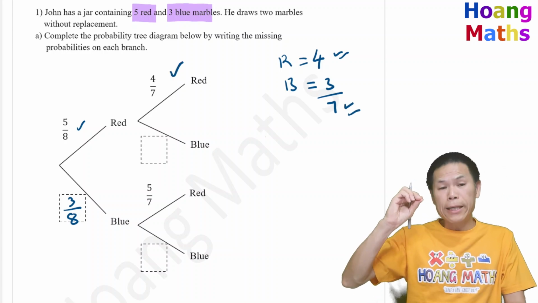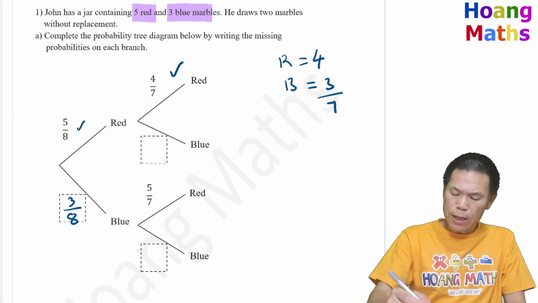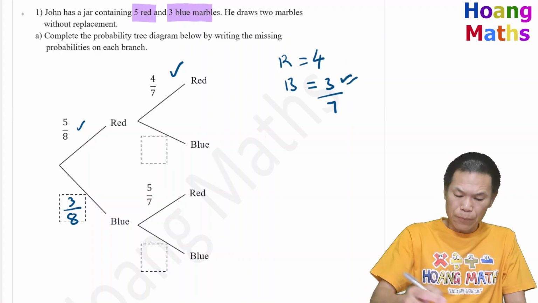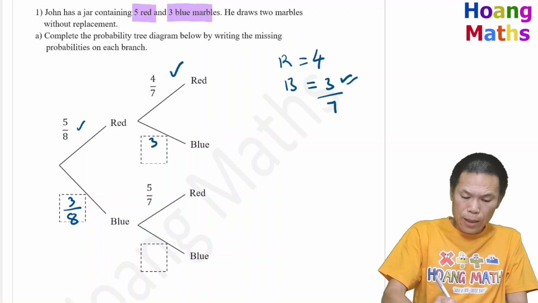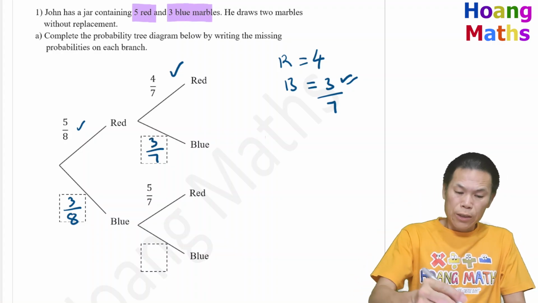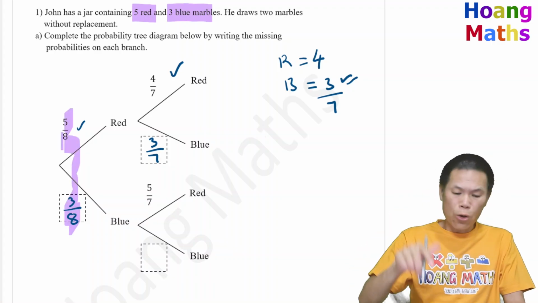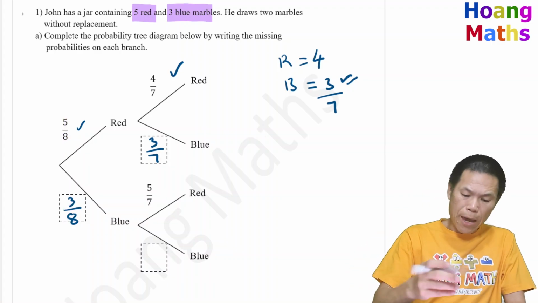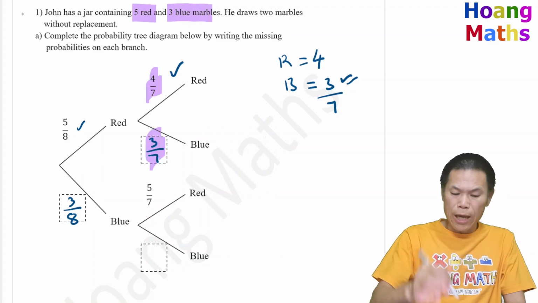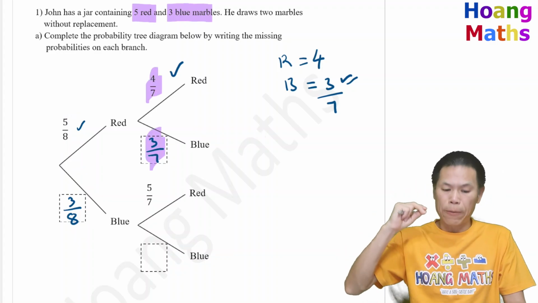The probability of getting a blue for the second draw is 3 out of 7. Don't forget, these 2 branches must add up to 1 whole, and the same goes for this branch here, because the total probability is equal to 1.